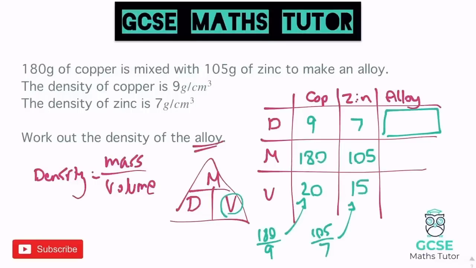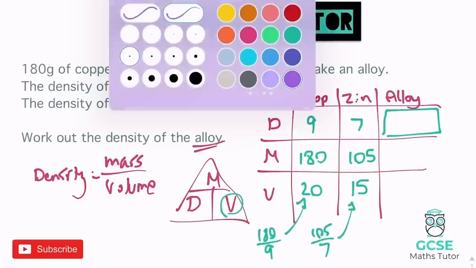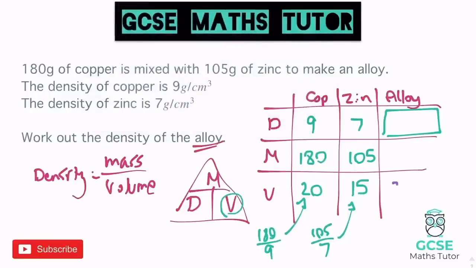Now masses and volumes can be added together, so we can add these together. We've got 20 and 15, so 35 centimetre cubed is going to be the total volume of this alloy. And we can add masses together, so adding these two together as well. We can do 180 plus 105, which is 285 grams. And then we can finish this question off. It wants the density.